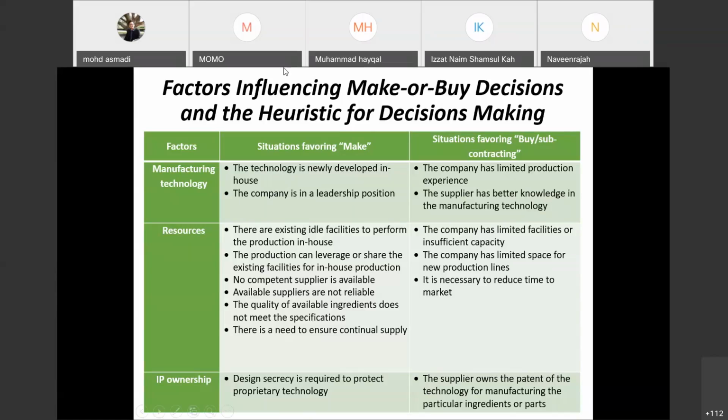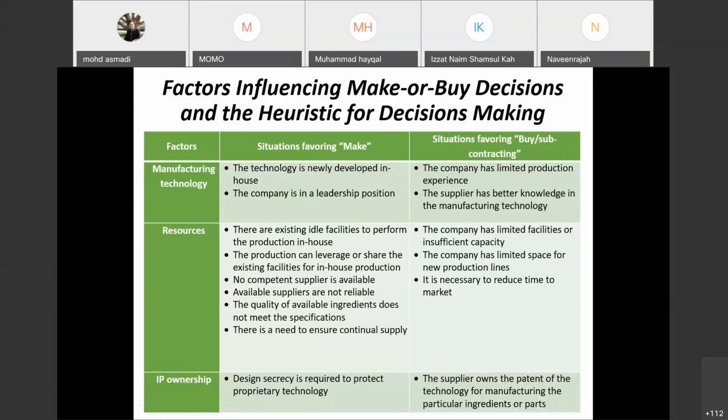If you look here, the left side is the situation favoring make, and the right side is the situation favoring buy or subcontracting. In terms of manufacturing technology, situations favoring buy or subcontracting are generally when the company has limited production experience, or the other supplier has better knowledge in manufacturing technology, which is superiority in the vendor's technology.